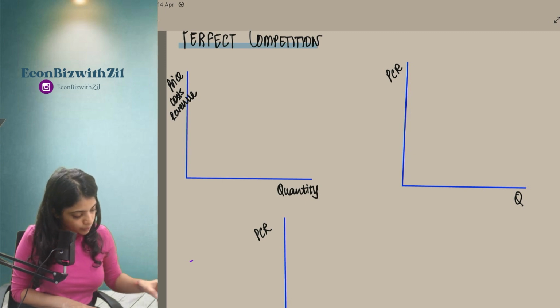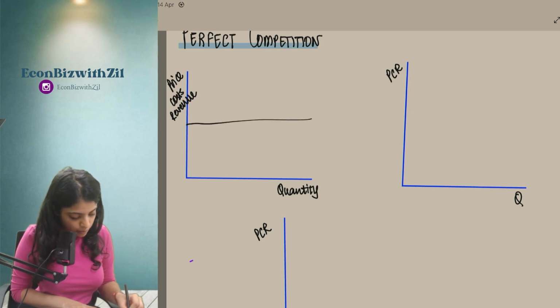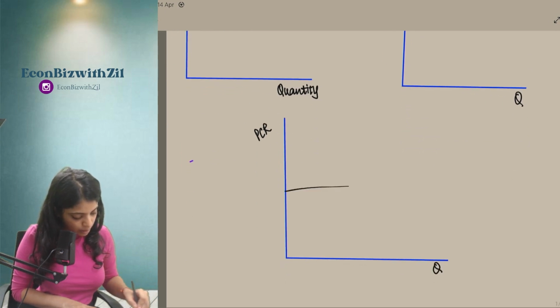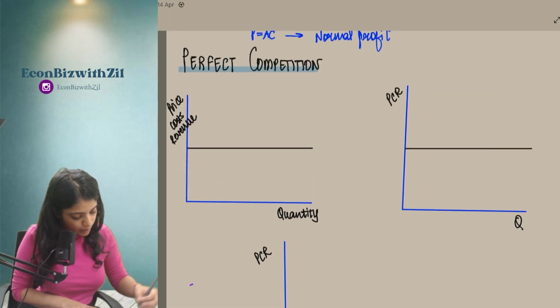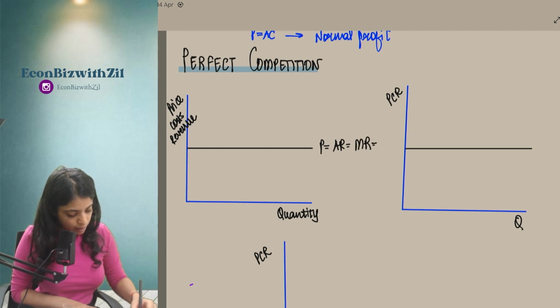Now we draw the first curve. This is nothing but P equals AR equals MR, which is also your demand curve in total.